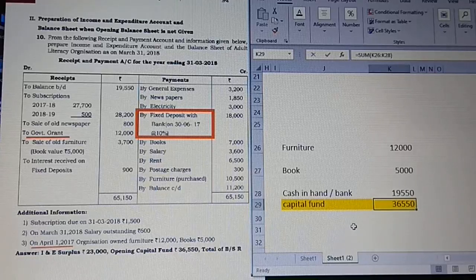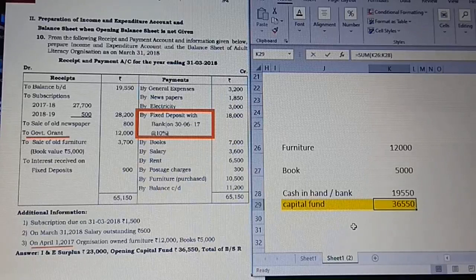36,550. If on the balance sheet side, that is your credit side, the value is greater and no items are to be found on the liability side, the same value is to be treated as a capital fund balancing figure. The value whatever we have will be treated as a capital fund.